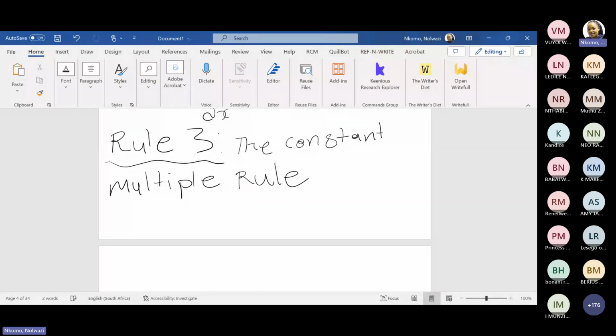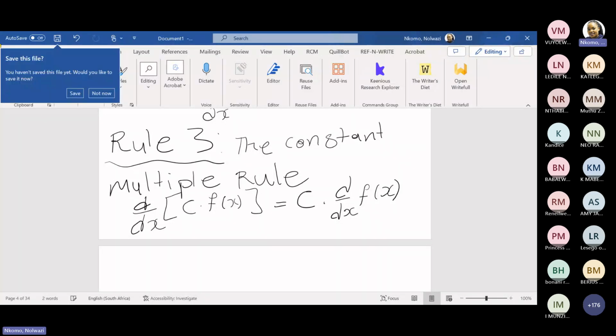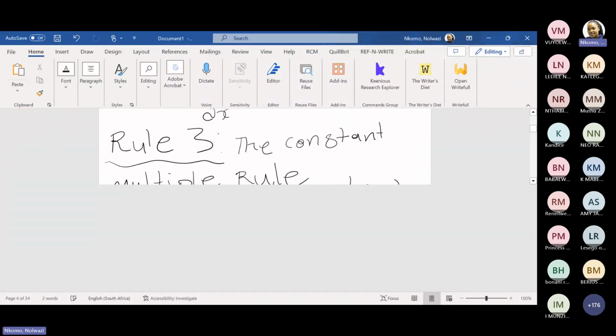Then the constant multiple rule says d/dx of c times f(x) is the same thing as c times the derivative of f(x), meaning you can take c outside of that derivative, that bracket.